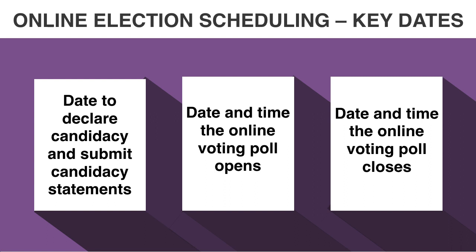Third, the date and time the poll closes. A good rule of thumb with online elections is to give a week or a few days between each deadline to allow members to think about their options and properly vote. And be sure not to schedule the elections during an exam period or school break. You won't get the kind of response you want during these times.